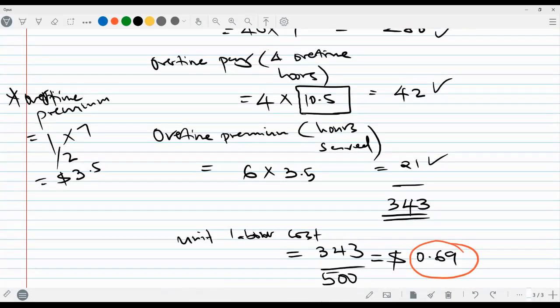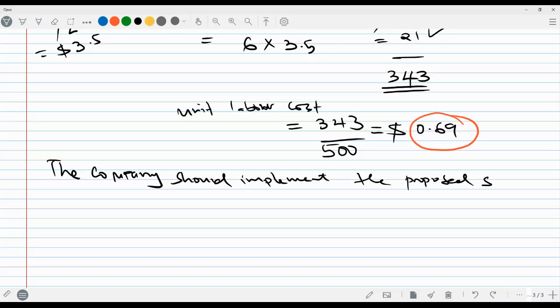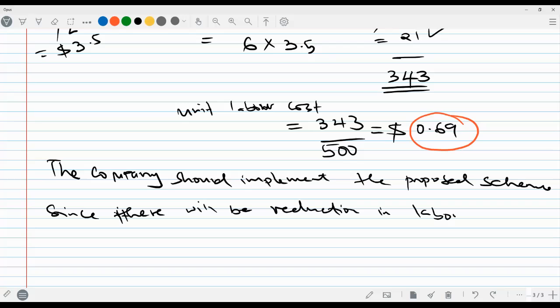It's a good proposal, of course, because as you can see, the cost the company is incurring per unit is reducing. Therefore, the company should implement the proposed scheme, since there will be a reduction in labor cost per unit, from 0.96 to 0.69.